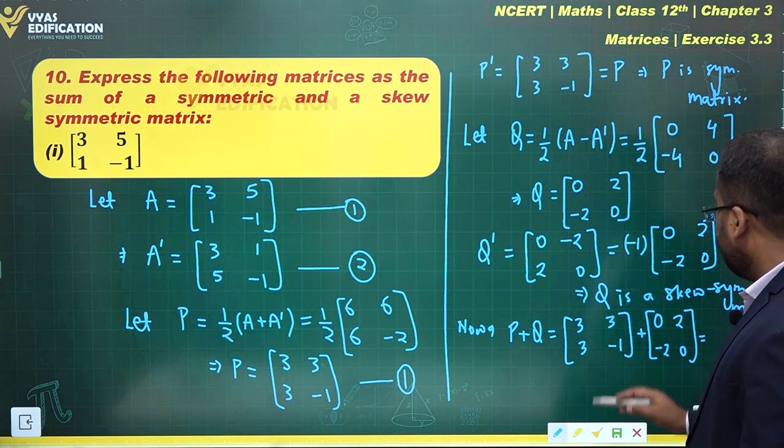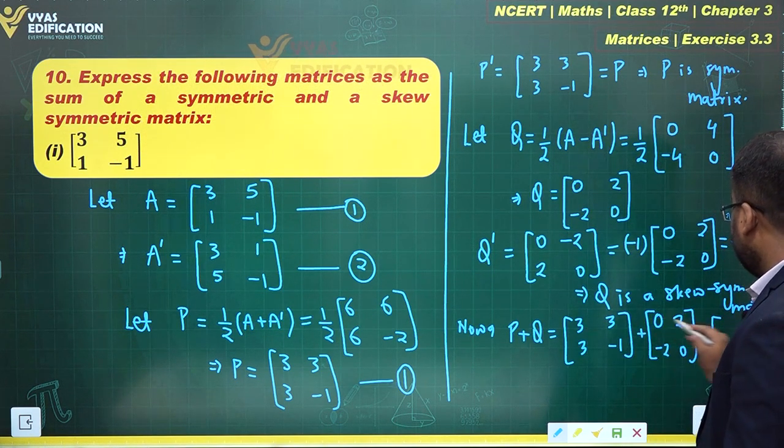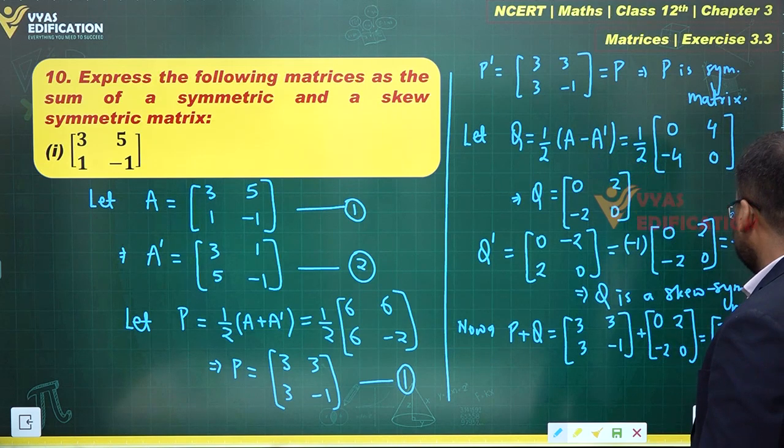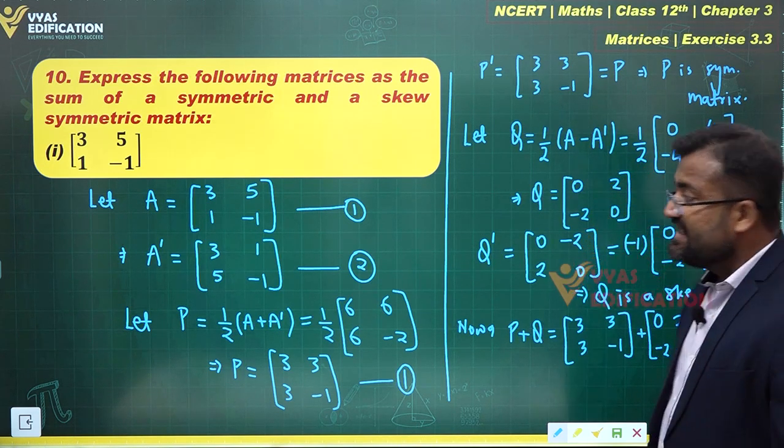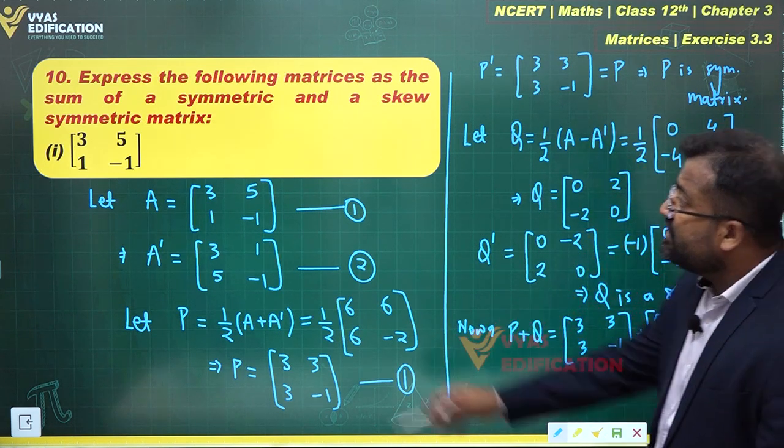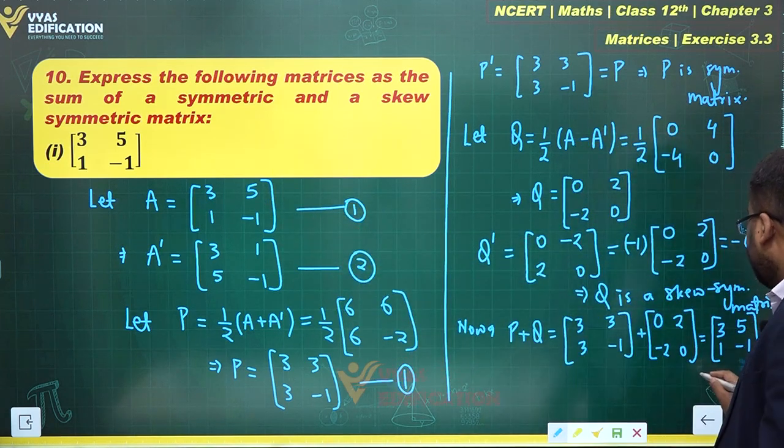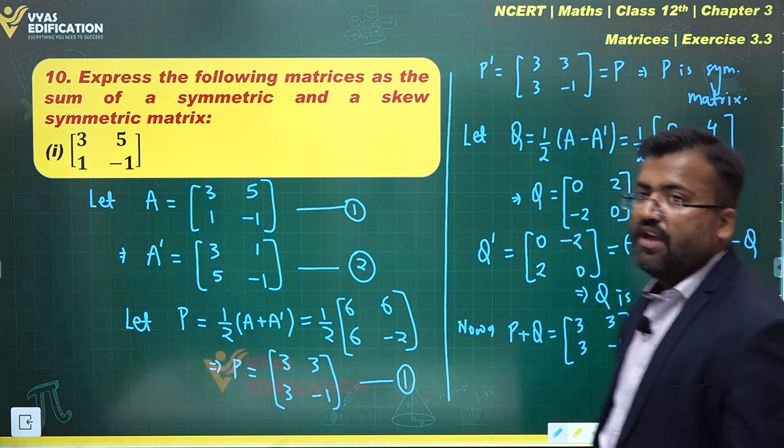The sum, as you may observe, is 3 plus 0 is 3, 3 plus 2 is 5, 3 plus minus 2, 3 minus 2 is 1, minus 1 plus 0 is minus 1, and this is 3, 5, 1, minus 1, which is the original matrix that we started with. This is equal to A.